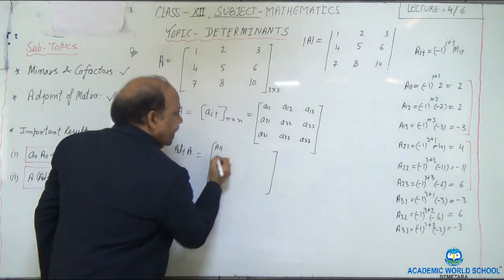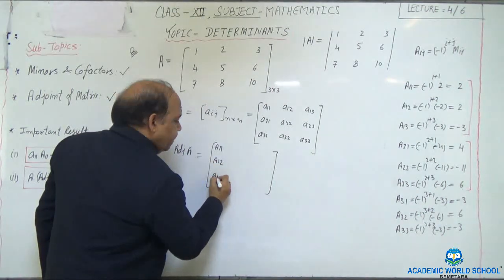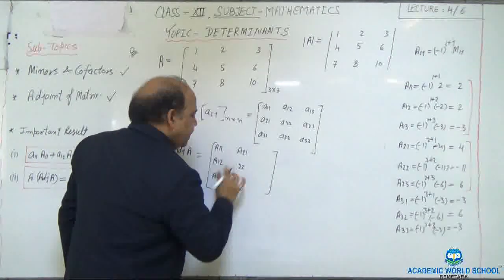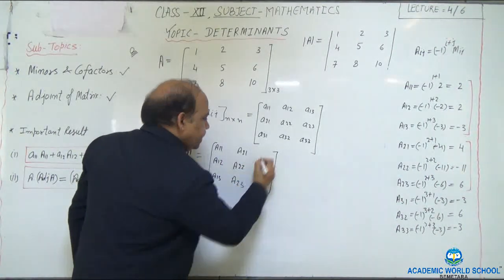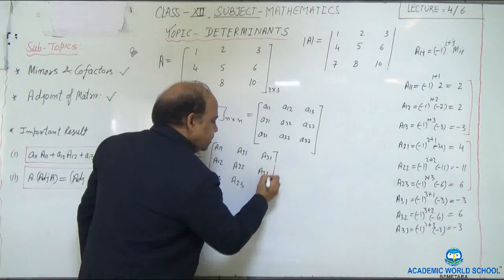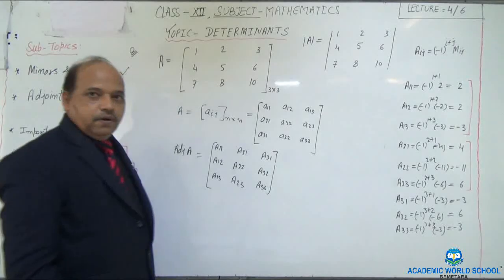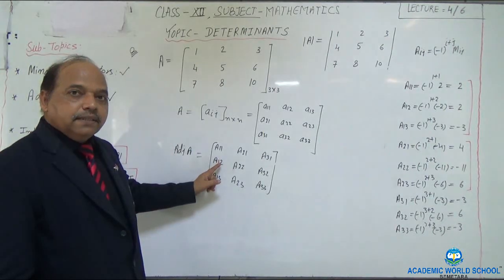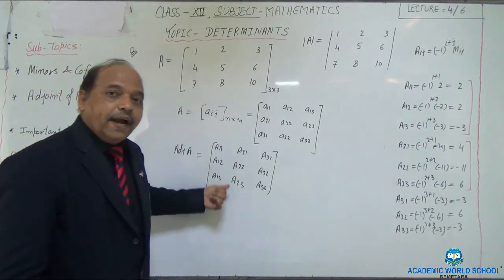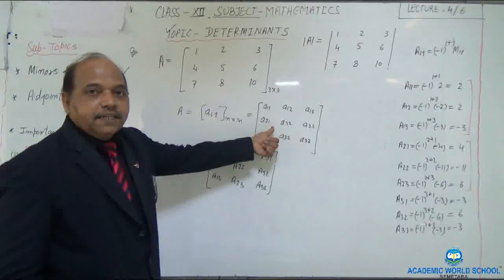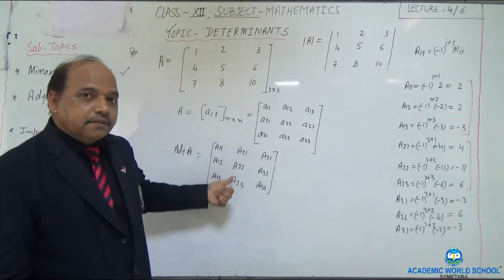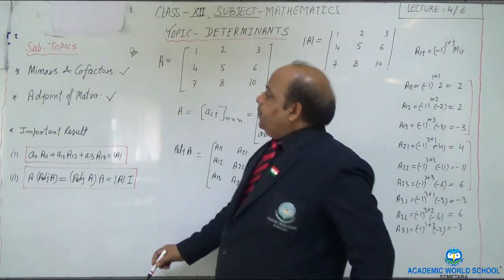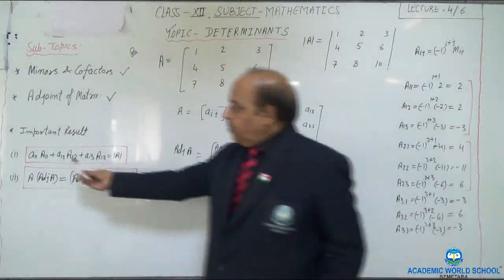So it became A11, A12, A13, A21, A22, A23, A31, A32, A33. There is a reason why I am rewriting this here. I hope you understand this here. This is transpose of cofactors matrix. Which matrix? This is the matrix which is given. So these two results are right now available. Now look at this. What happens? If you are given, look at this, what it says.